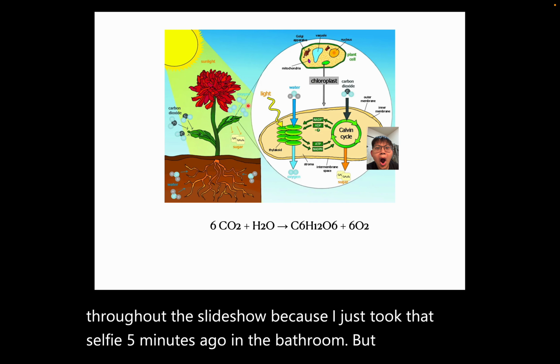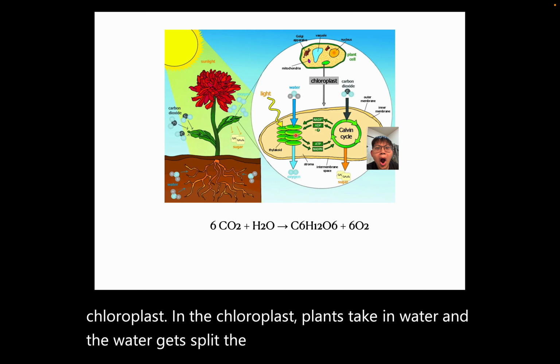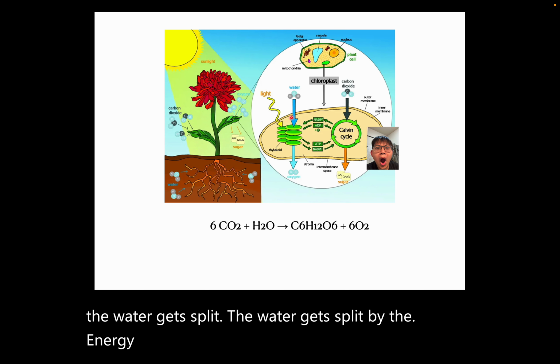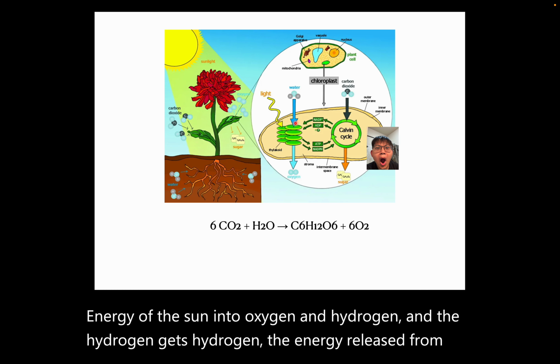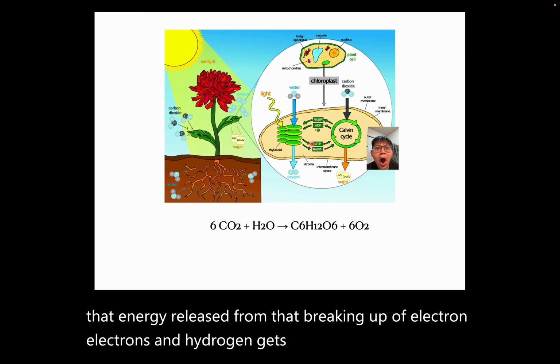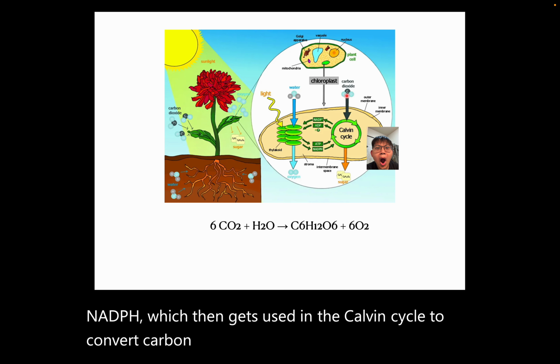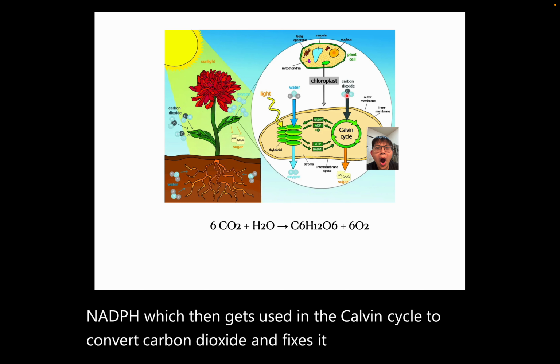But in the chloroplast, plants take in water, and the water gets split by the energy of the sun into oxygen and hydrogen. And the energy released from that breaking up of electrons and hydrogen gets fixed into ATP and NADPH, which then gets used in the Calvin cycle to convert carbon dioxide and fix it into glucose.